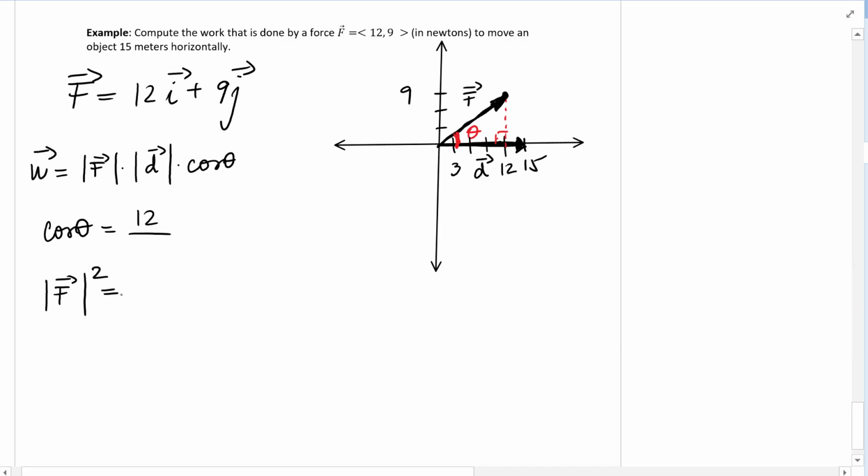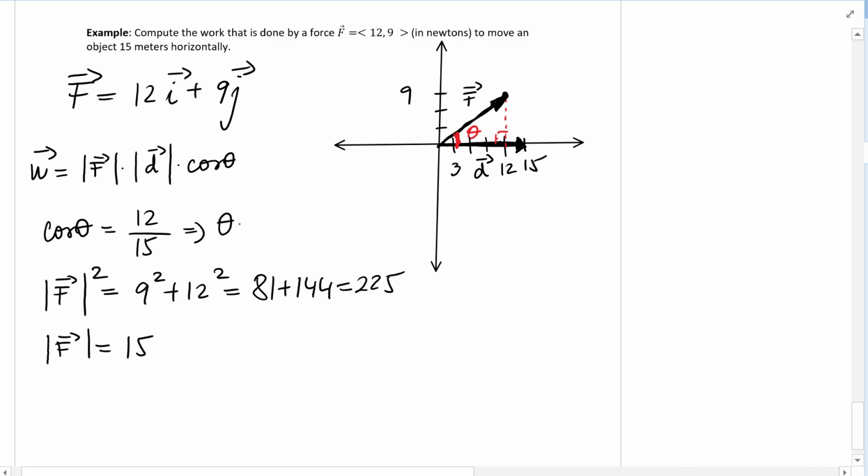The magnitude of F squared is equal to 9 squared plus 12 squared. That is 81 plus 144, which is 225. So the magnitude of F is 15. So cosine of theta is 12 over 15, which means theta is inverse cosine of, dividing by 3, 4 over 5.